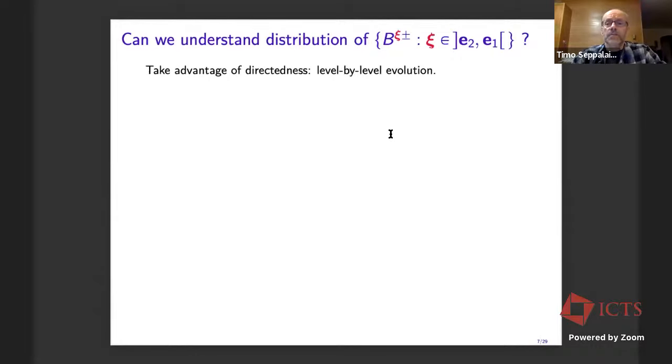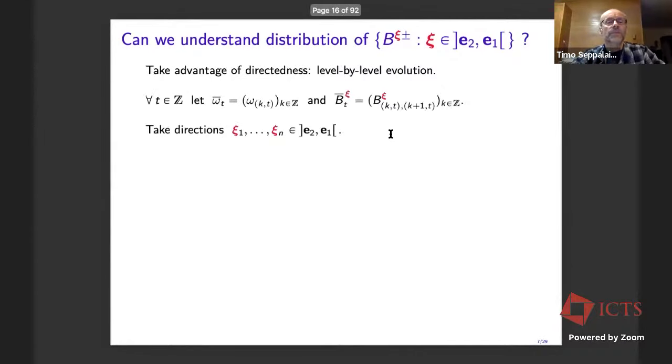So let me formulate it as a level by level evolution. By levels on the lattice, I mean now these infinite horizontal levels. And I'm going to move vertically down level by level. This gives me a Markovian evolution.